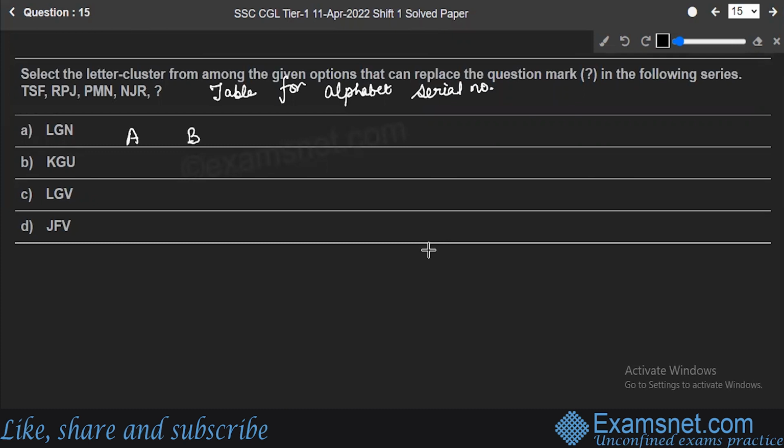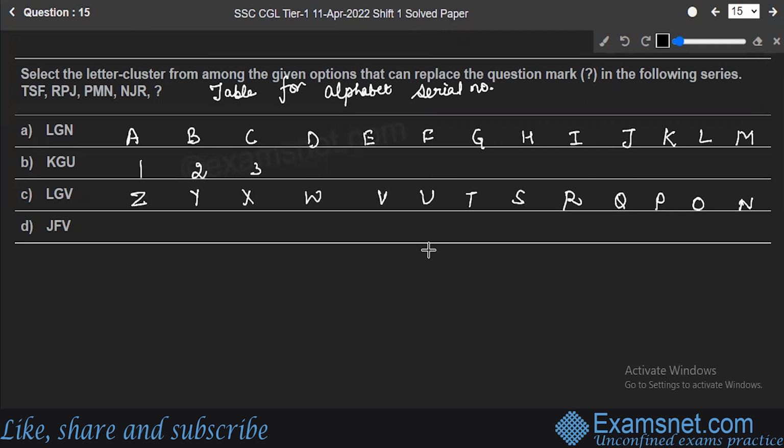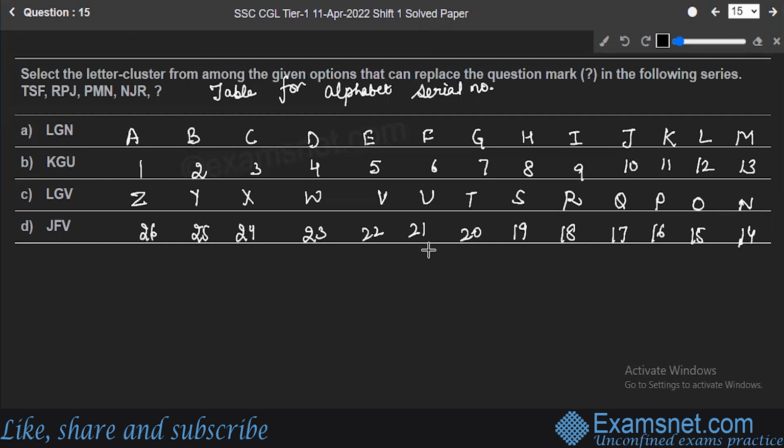So this is A, B, C, D, E, F, G, H, I, J, K, L, M, N, O, P, Q, R, S, T, U, V, W, X, Y, and Z. 1, 2, 3, 4, 5, 6, 7, 8, 9, 10, 11, 12, 13, 14, 15, 16, 17, 18, 19, 20, 21, 22, 23, 24, 25, and 26. So these are the numbers.